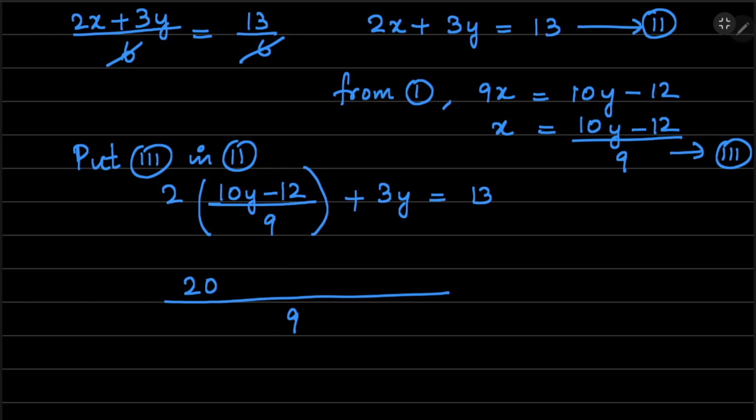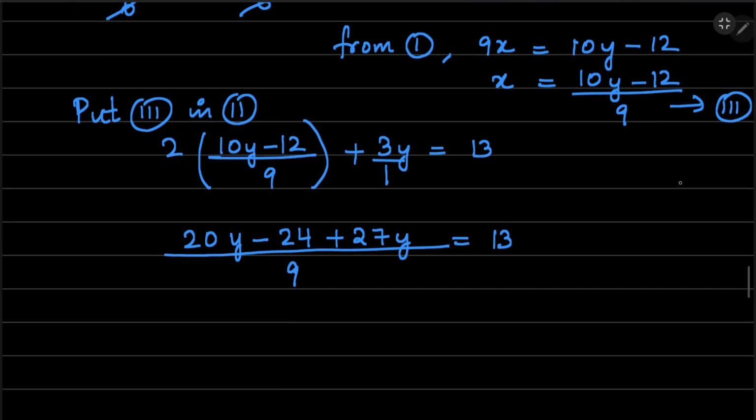Again, 2 into 10y minus 12. It's the same thing. There's no change. So I'm just multiplying. 2 multiplied by 10y is 20y. Minus 2 into 12 is 24. Plus, here it's by 1, right? So here 1 multiplied by 9 is 9. So 9 into 3y, 9 3s are 27. So plus 27y equal to 13.